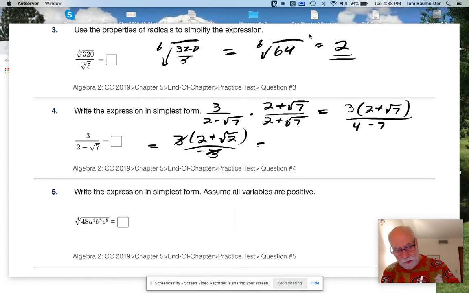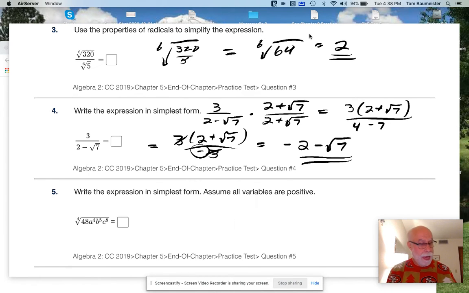Well, that just gives us the negative. Then I did it again, didn't I? So we have that negative. We just have to distribute that through the parentheses. So I'll get negative 2 minus root 7. And that will be my answer for that one.